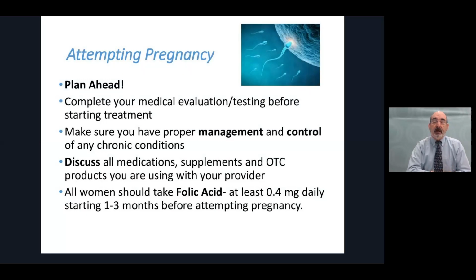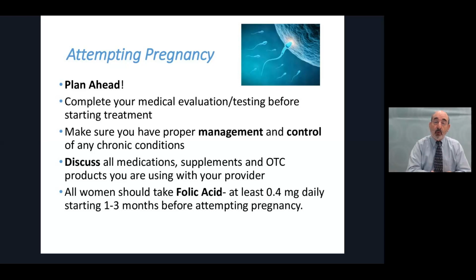So in attempting pregnancy, what we've tried to do is provide you some tools, and for those actively attempting, these tools are still very important. But most important is, if you're just beginning this process, plan ahead. Make sure that if you have any chronic medical problems or are on medications, you discuss those with your provider, and those may need to be adjusted prior to attempting pregnancy or once pregnant, so that we have a plan in place.